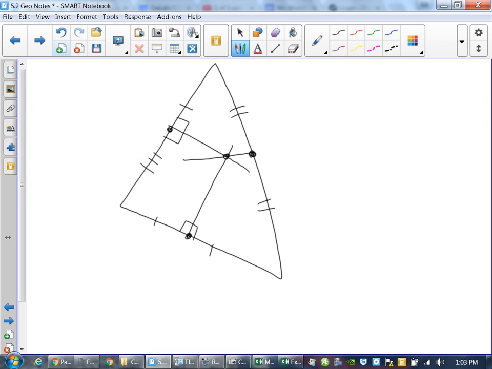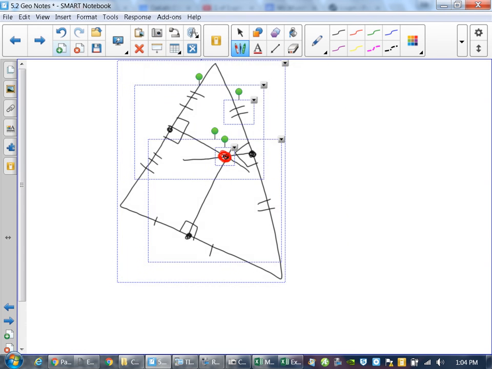And I'm going to show you what happens here. So you can have three perpendicular bisectors in a triangle. And this is where the vocabulary of knowing what you're working with comes into play. We're going to talk about what are called points of concurrency.